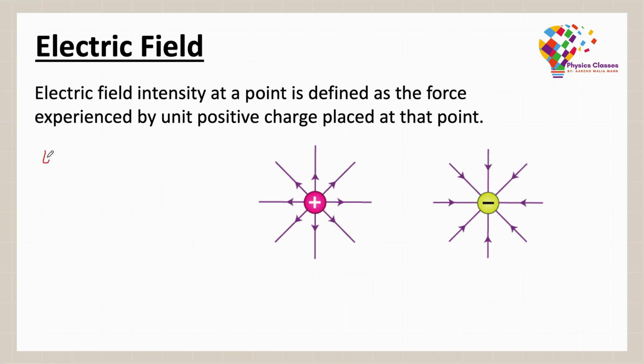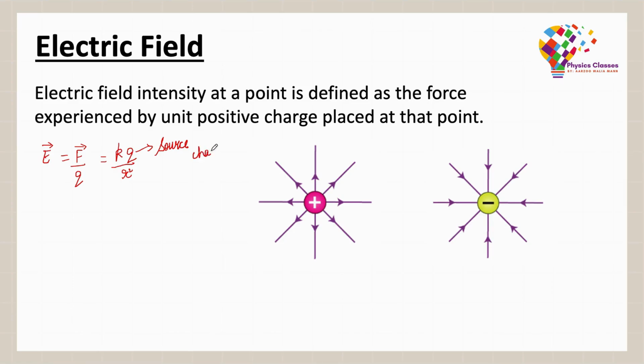If I talk about electric field at any point, then that would be equal to the force divided by the charge. In other terms, I could also say that the electric field for a point charge is simply KQ by r square. So this Q that we are talking about is basically the source charge. Source charge means the charge which is going to produce the electric field.